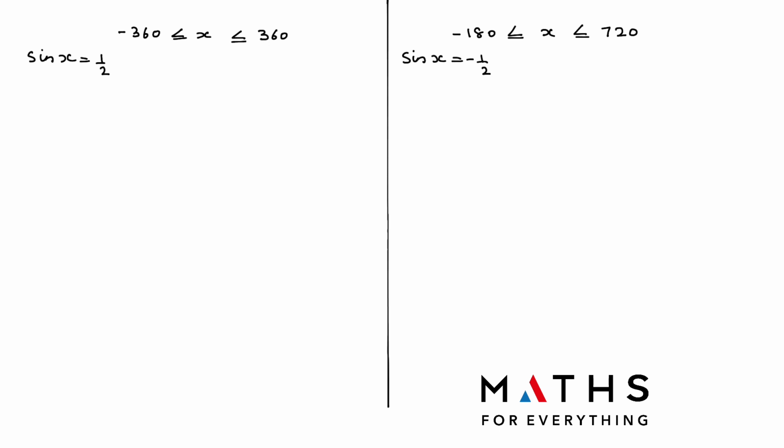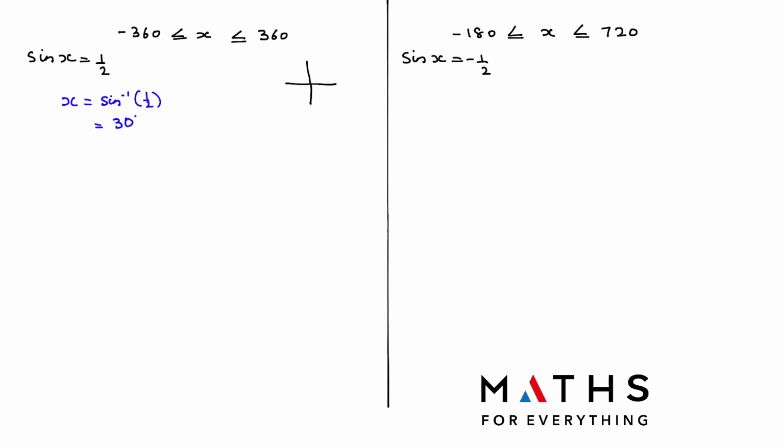In the first equation, write x is equal to sine inverse half. This will give you 30. After that, always make a small unit circle on the side. And you need to remember where sine is positive.